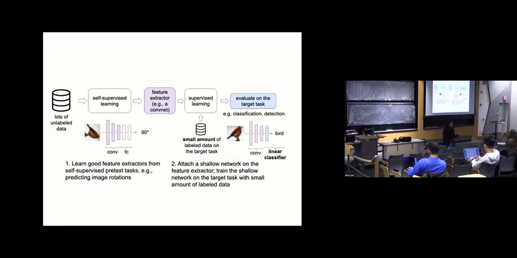Now, up till 2019, if you wanted to do object detection, the best pre-trained features that you could transfer to object detection would be from image classification pre-training. Is that clear?